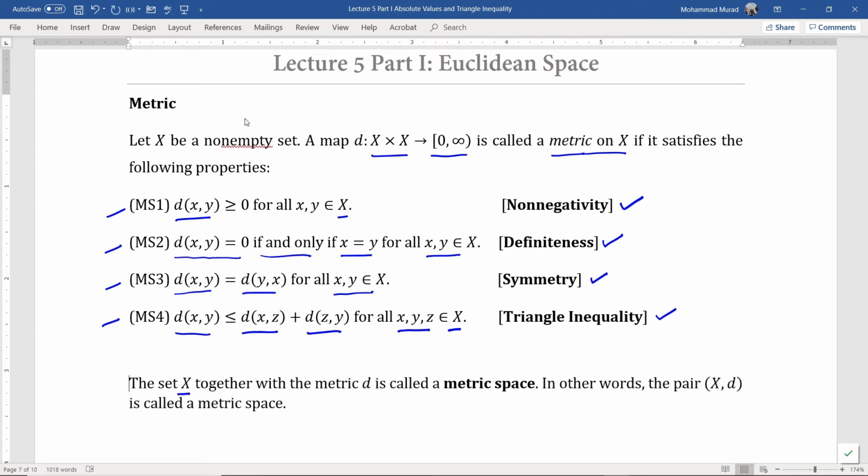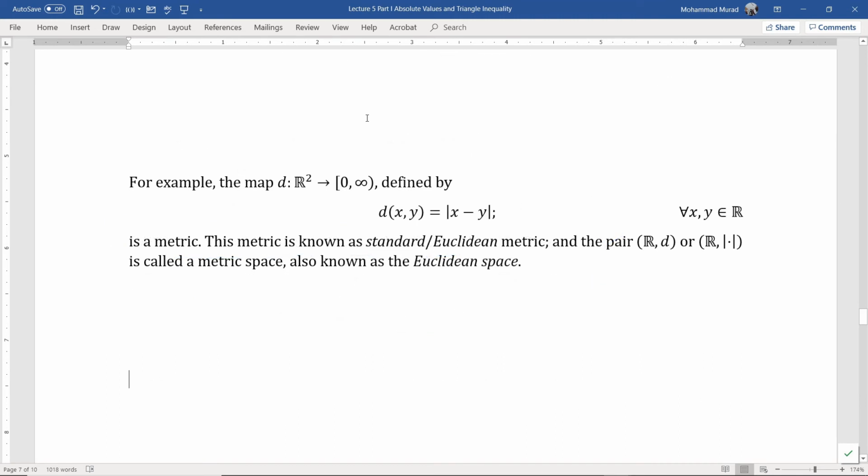The set X together with the map D, or the metric D, is called a metric space. In other words, the pair X and D is called a metric space. For example, the map D from R2 to the set of non-negative real numbers defined by this formula is a metric since it satisfies all those four properties as we found earlier.